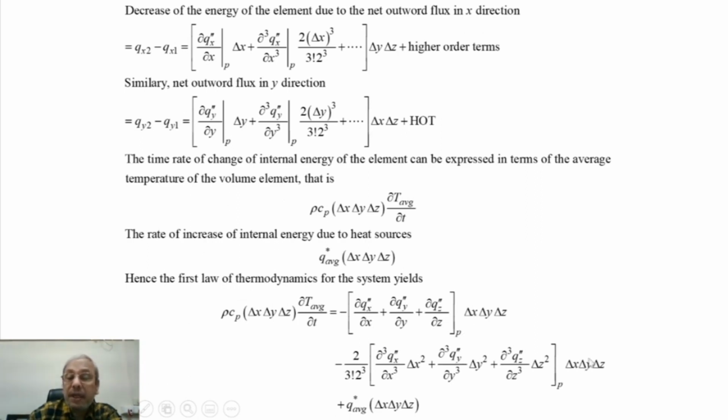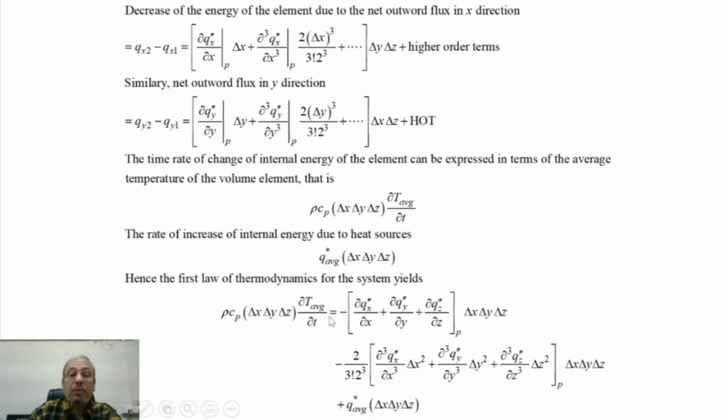This is a first order term, this is a second order, higher order term. So these two terms are basically a flux of energy from the confining surfaces, and this is the energy generation rate based on the volumetric heat source.